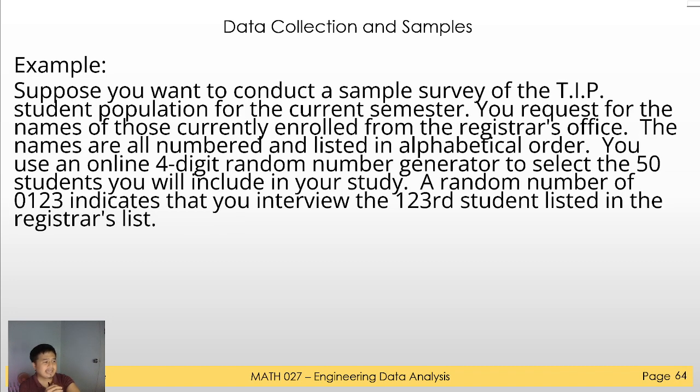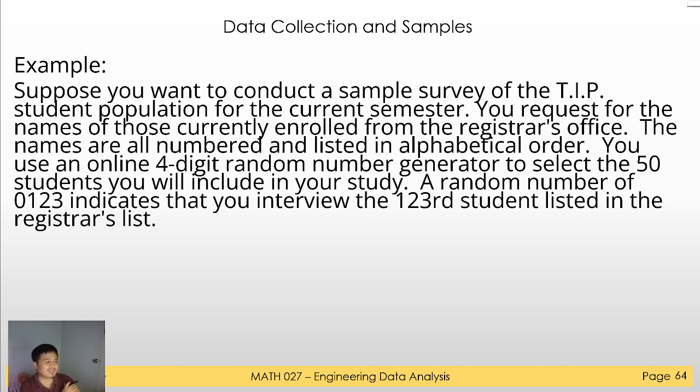And then for the next one, suppose you want to conduct a sample survey of the TIP student population for the current semester. You request the names of those currently enrolled from the registrar's office. The names are all numbered and listed in alphabetical order. You use an online 4-digit random number generator to select the 50 students you will include in your study.